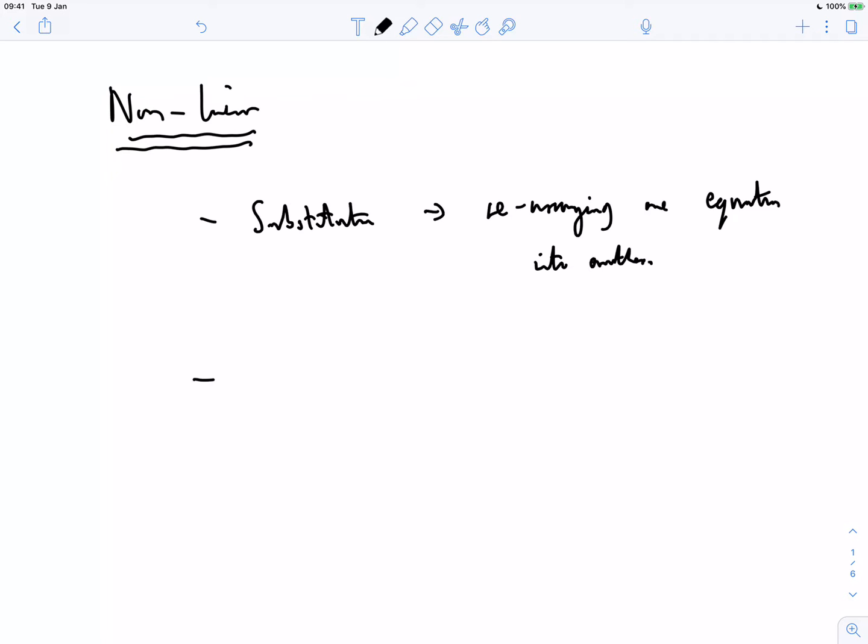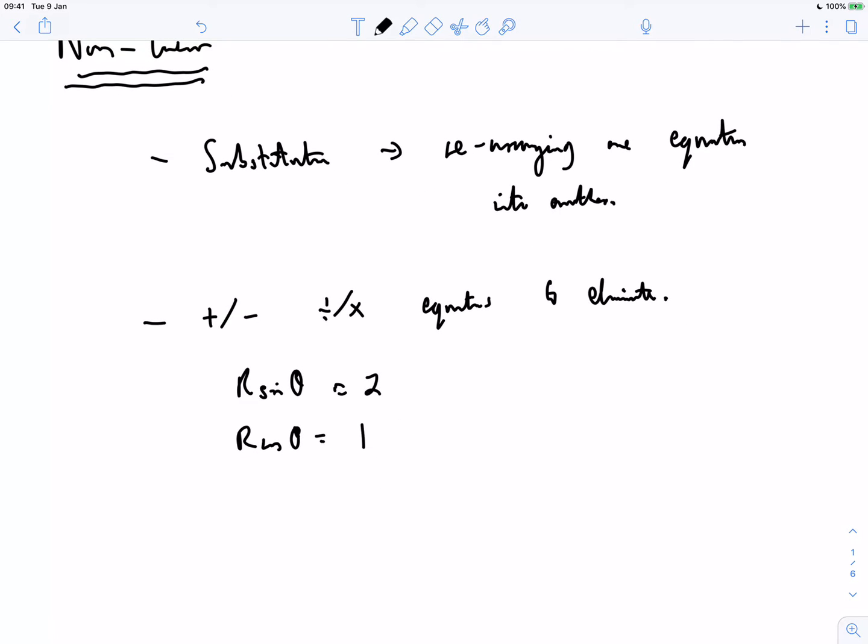Another thing you can do is not only can you add and subtract, but you can also divide and multiply equations to eliminate. For example, if I had r sine theta equals 2 and r cosine theta equals 1, then if I divide both of these, I'll have r sine theta over r cosine theta equals 2 over 1.